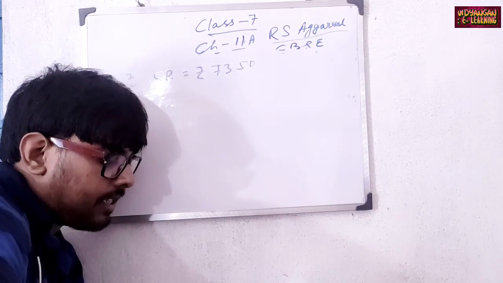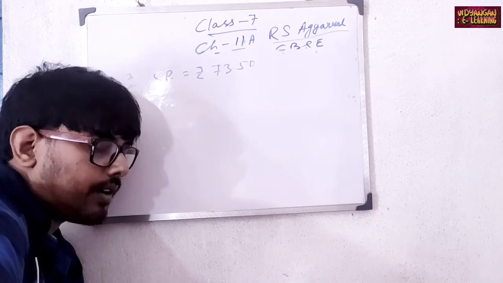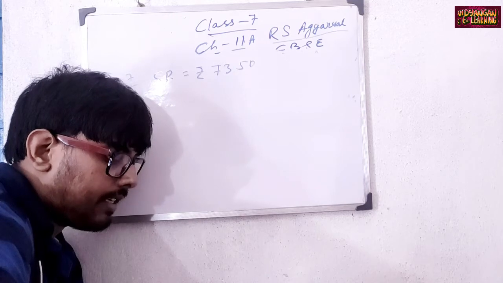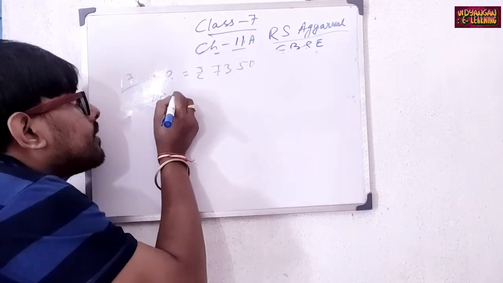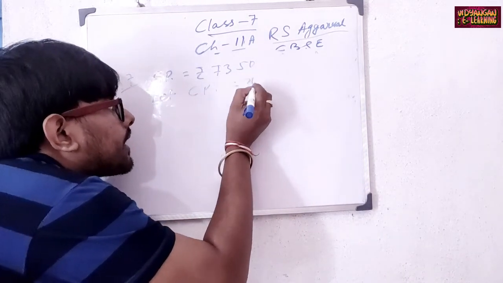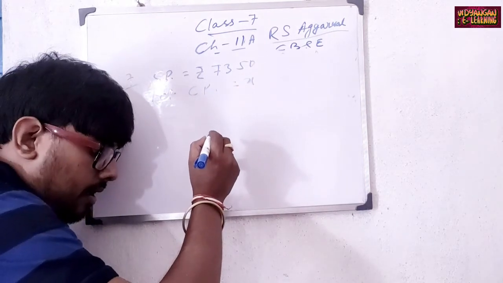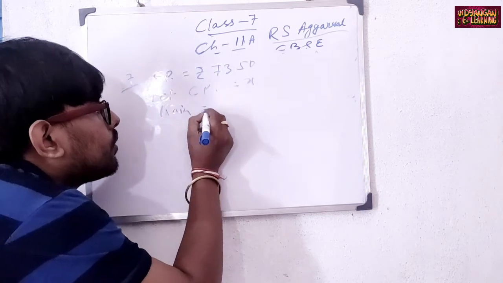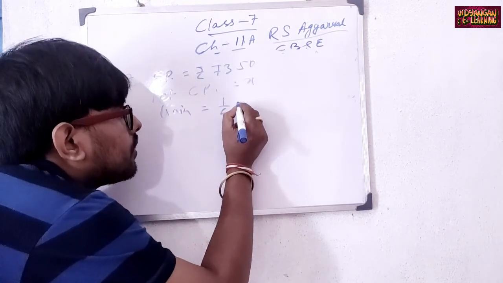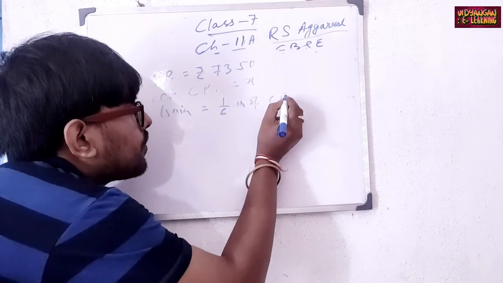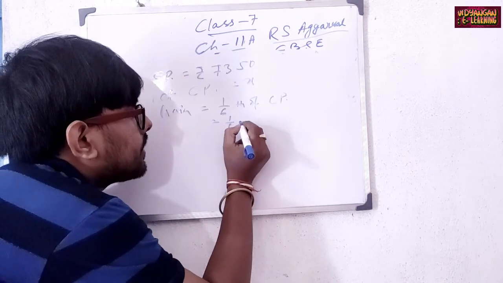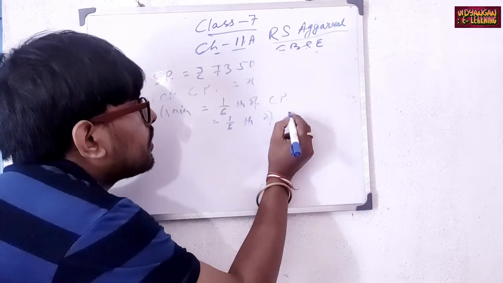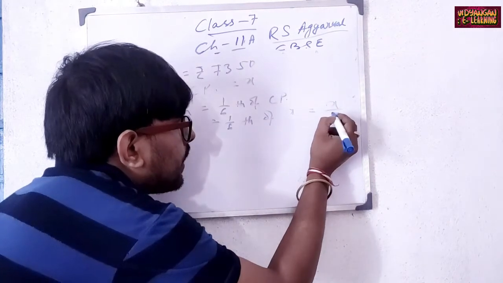He gains 1/6 of its cost price. We don't know its cost price, so let the cost price be X, and he makes a profit or gain, which is 1/6 of X, equal to X by 6.